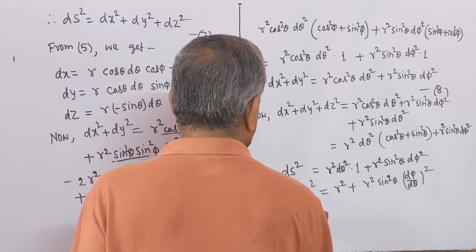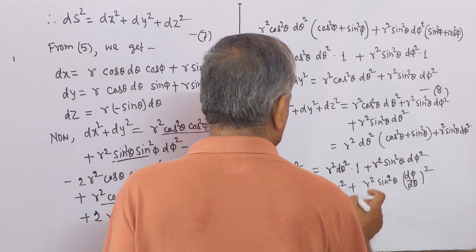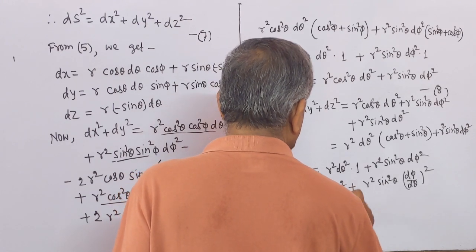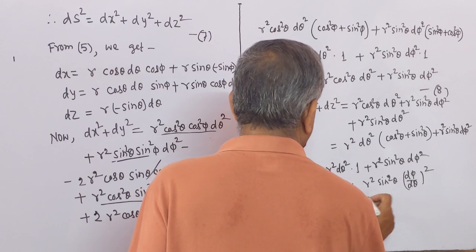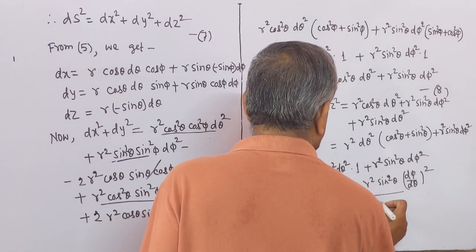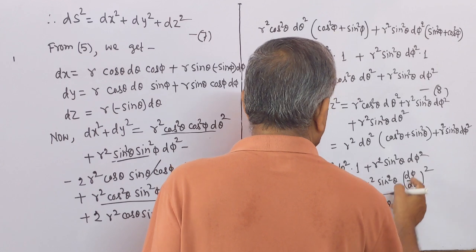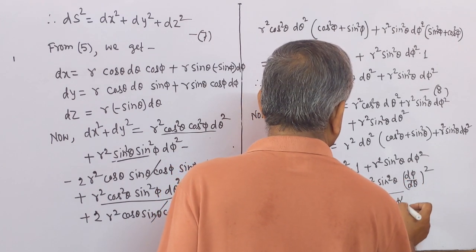This implies that ds by d theta equal to, we take common r square and square root, so outside r, root of 1 plus sin square theta, d phi by d theta is phi prime, square.